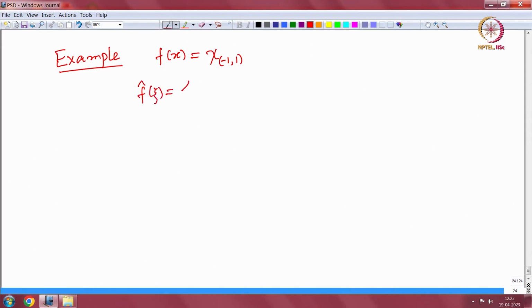Okay, so this is just sin j by j, which is 1 when j equals 0. This is a bounded function, it is continuous and bounded, and it also goes to 0. That is fine.